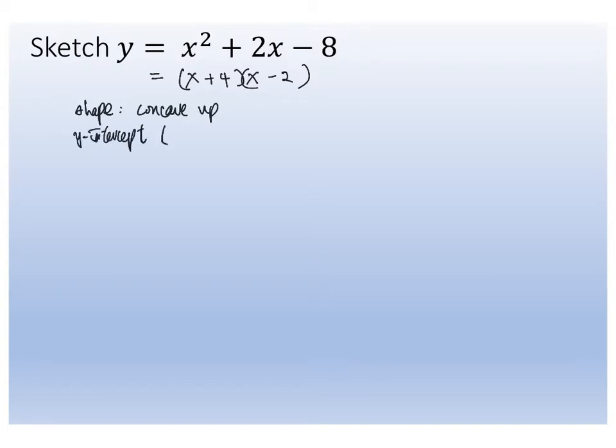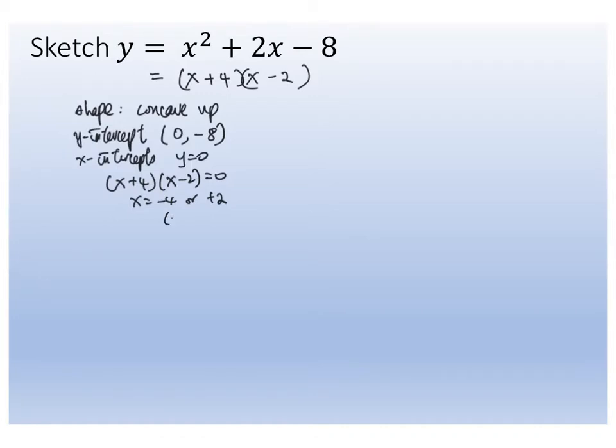And then you know the y-intercept is actually when x equals 0, so minus 8, read from the general form. And then the x-intercept is when y equals 0. So solve using the null factor law. x equals minus 4 or plus 2. Alright, so here the x-intercepts will be minus 4, 0, and 2, 0.